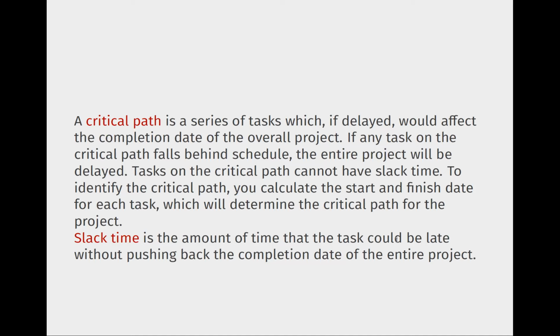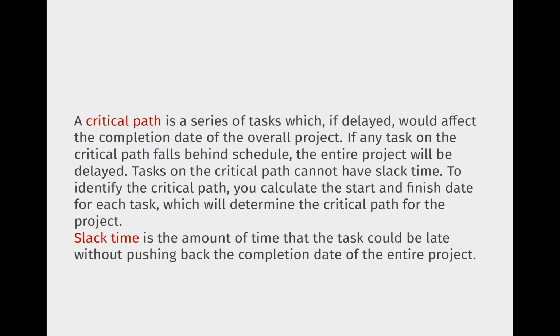Critical path means when there's a delay in one of the tasks, it will affect the whole project. So this is called the critical path. If any task in the critical path falls behind, then your entire project will be delayed. So remember that, very important.